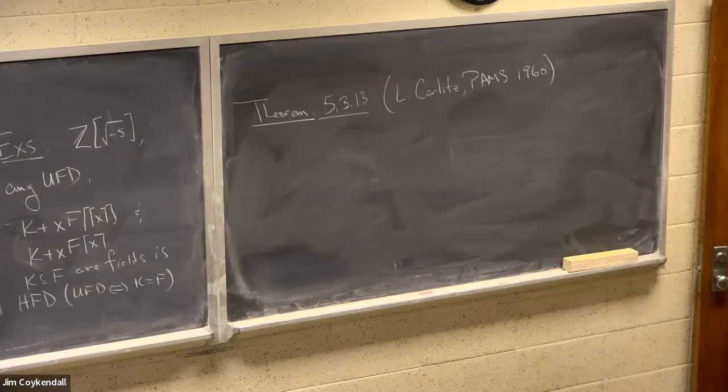There is something that should jump out at you. It's a little strange here. How can a number field have class number 2? This is a sloppy kind of terminology the number theorists use a lot. When they say a number field of class number, what they really mean is the ring of integers of that number.